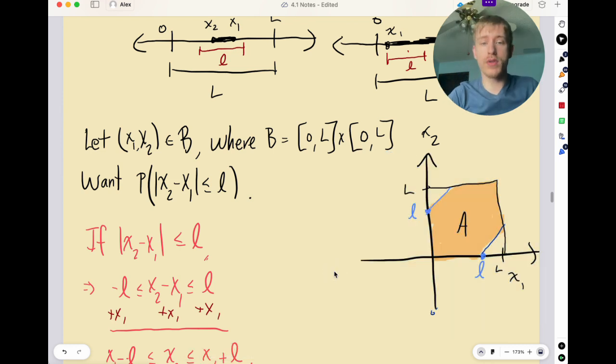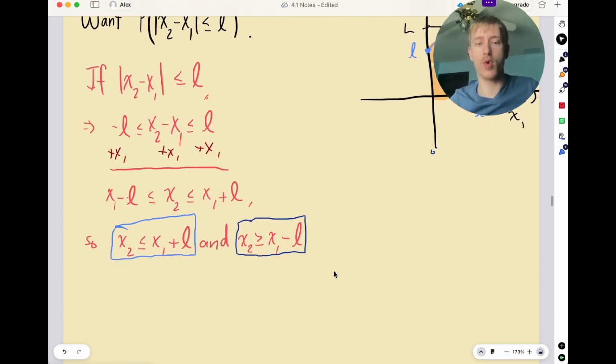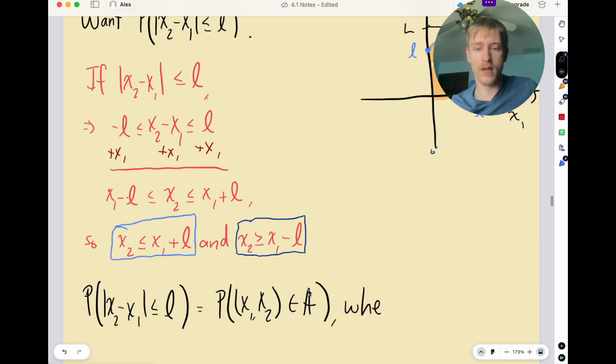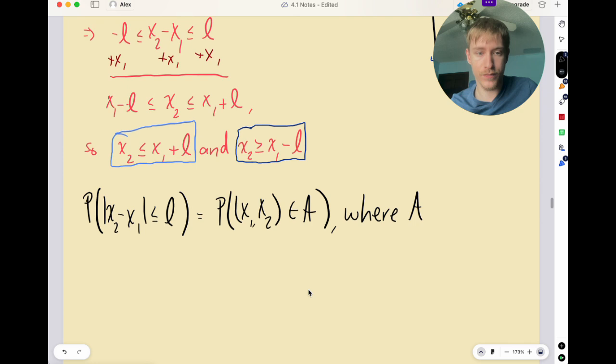So now I've just turned this problem into a different kind of question. What I've done was now I've said that the probability that x2 minus x1 is less than or equal to L, I turned it into an equivalent problem. The probability that the ordered pair x1 comma x2 is in the region A, where A is the following region.